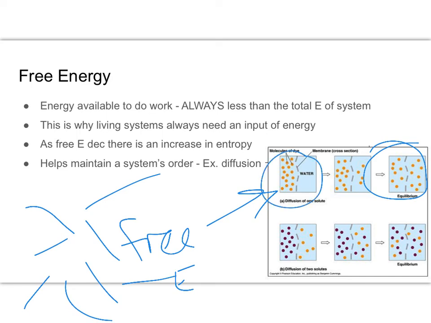So this one has more free energy, and this end product over here has less free energy, less ability to do work because it's actually more disorganized. Those molecules have more freedom and more ability to move around. And so this system would need an input of energy to help continue to maintain the system.